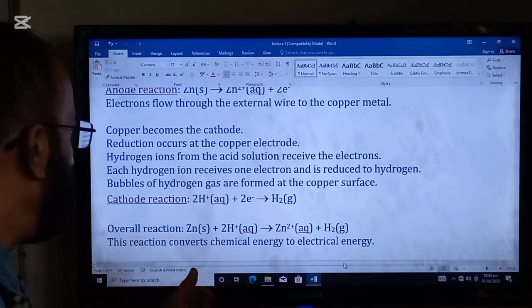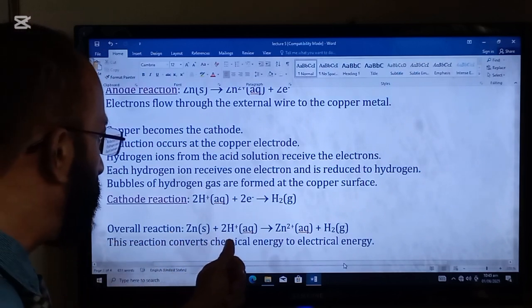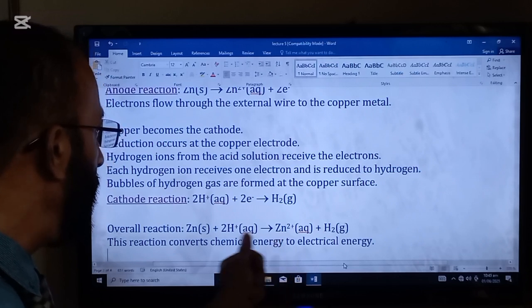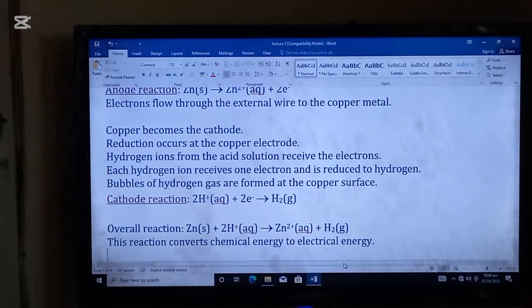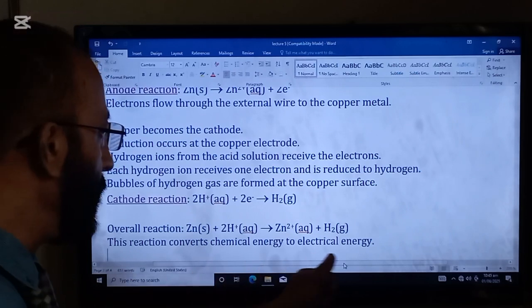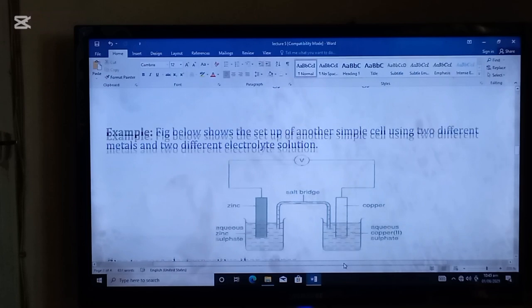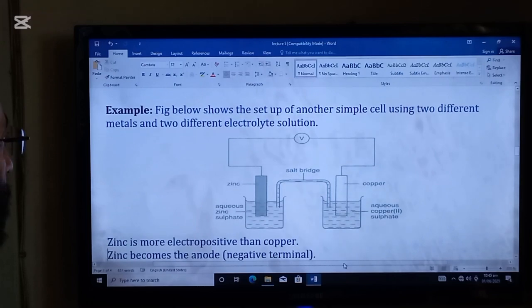So the overall reaction will be Zn plus 2H+ forms zinc ion, that is Zn2+, and hydrogen gas. This reaction converts chemical energy to electrical energy. Another example is here.